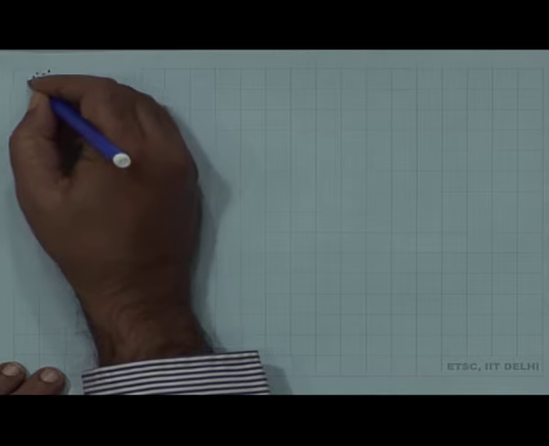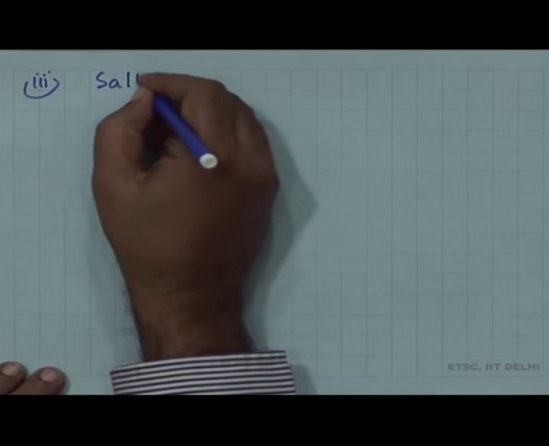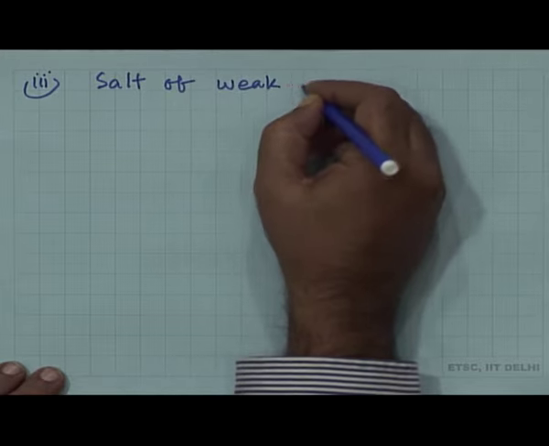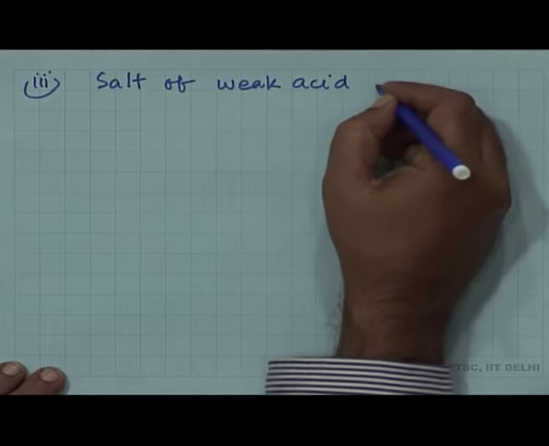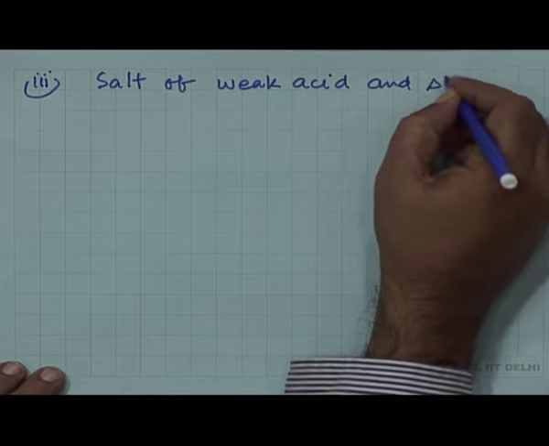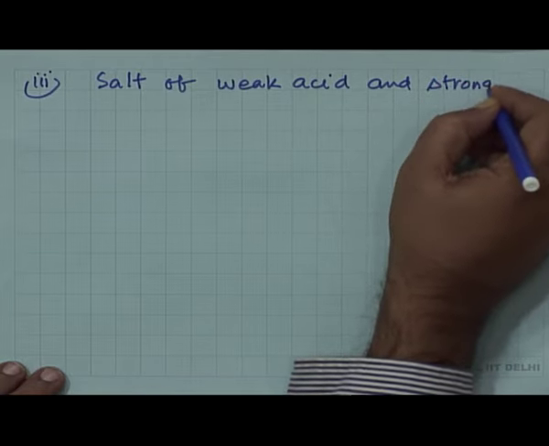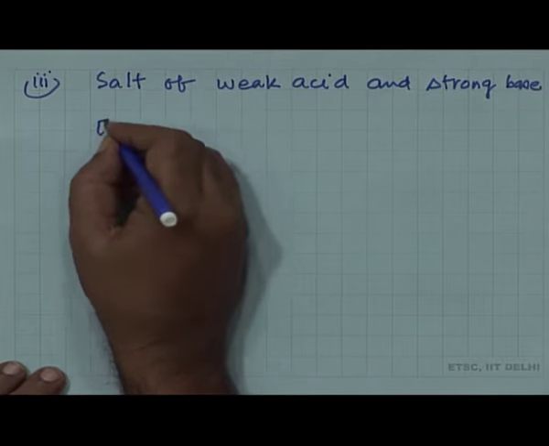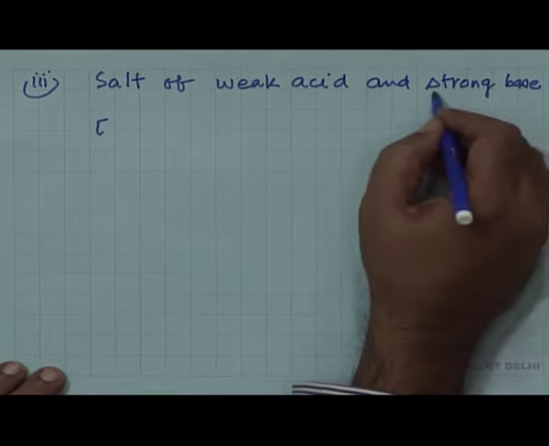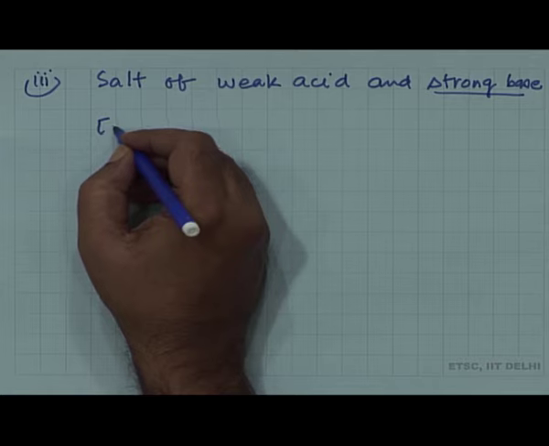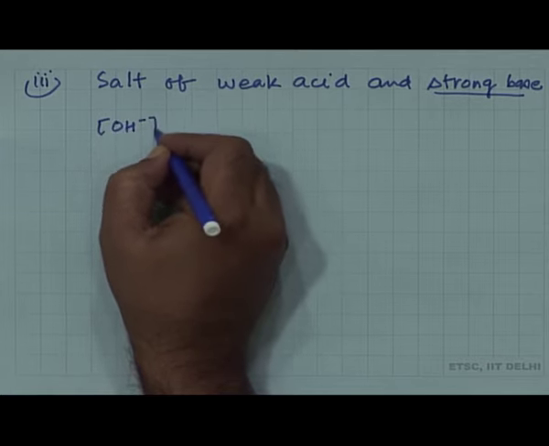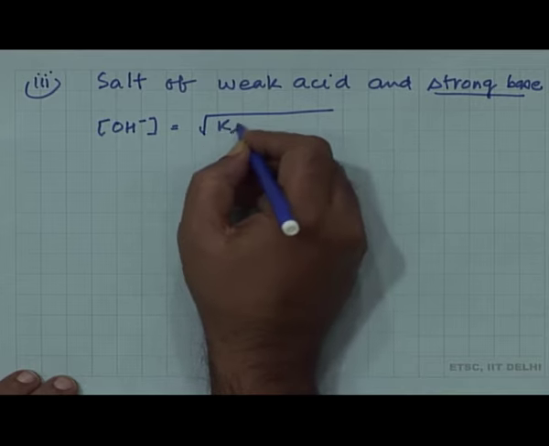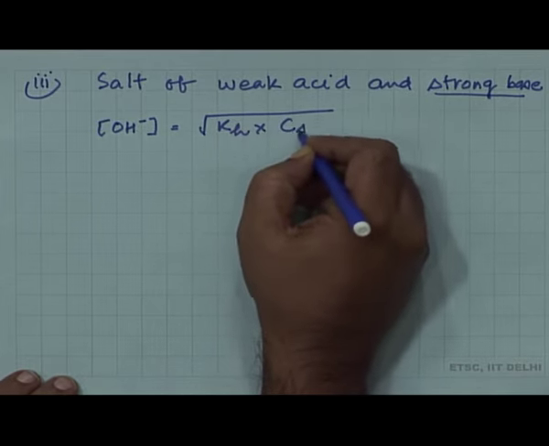Third, salt of weak acid and strong base. Since this is a salt of a strong base, we will start with OH minus ion concentration, and OH minus concentration will be given by root under Kh into C salt.